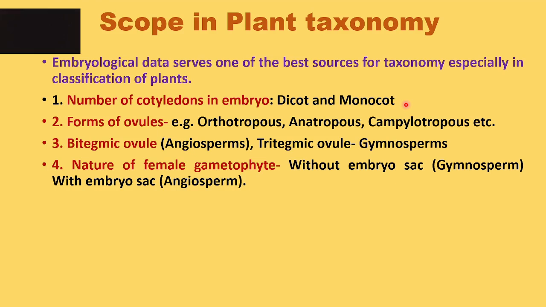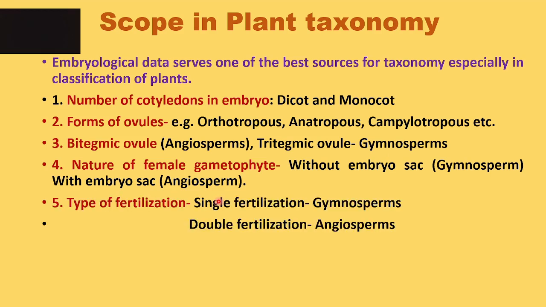But if the plants have no embryo sac, those plants are known as gymnosperms. So gymnosperms don't have an embryo sac, but angiosperms have a well developed embryo sac. So this data is also very important.